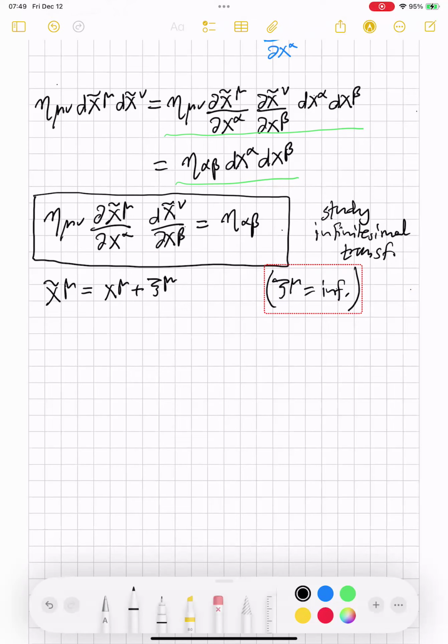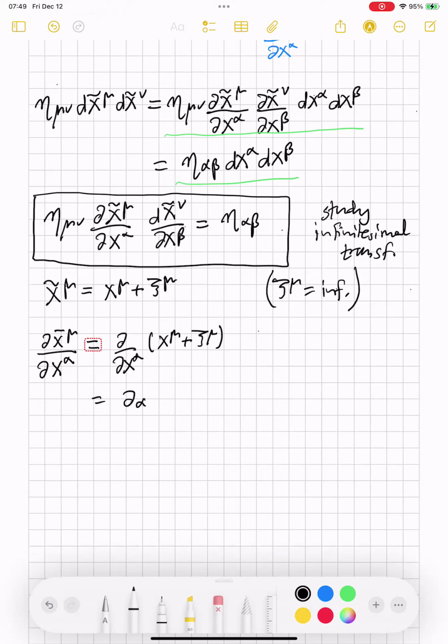That's how our equation in the black box determines our group of transformations. So what must we calculate? We must calculate dx tilde^mu/dx^alpha. This is one of the things appearing inside the black box. So we're just going to take d by dx^alpha and let this act on x^mu plus zeta^mu. Just plug that in. We usually write this as d_alpha x^mu plus d_alpha zeta^mu.